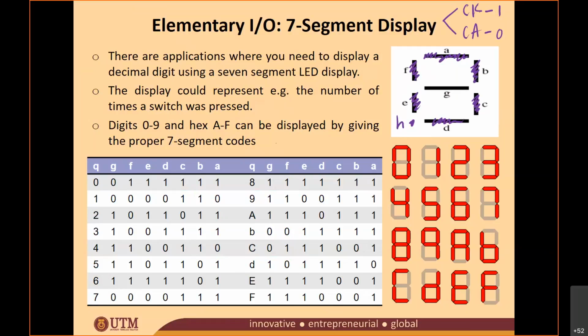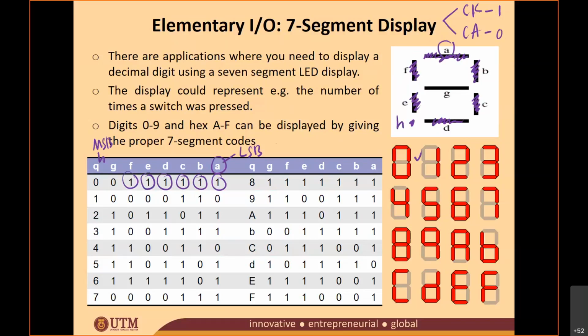So that's why you see A, B, C, D, E, F get 1, while G and H you put 0. This is how to display 0 on the 7-segment LED. Make sure that A is your LSB and H is your MSB.